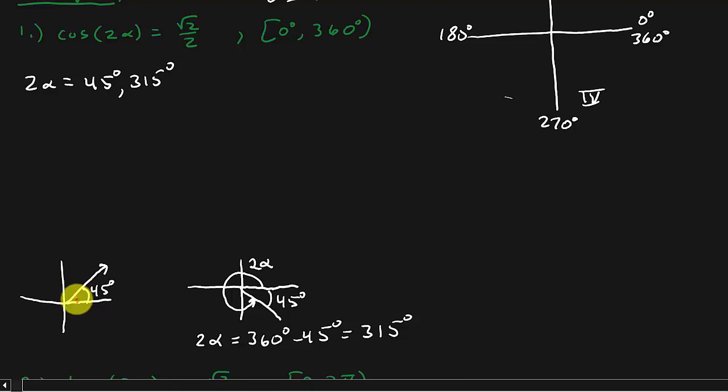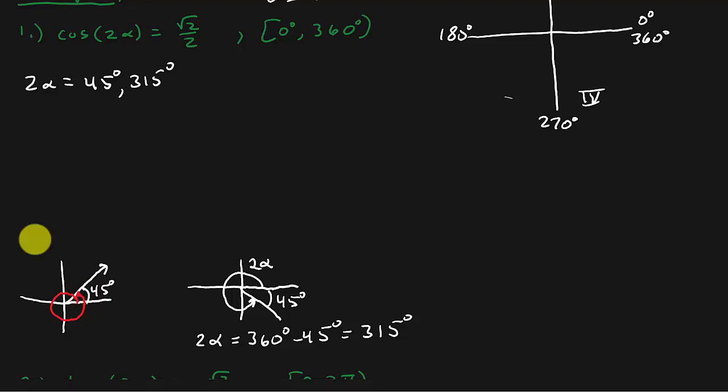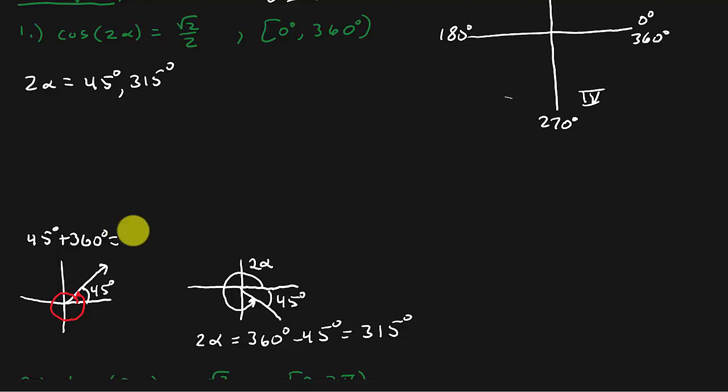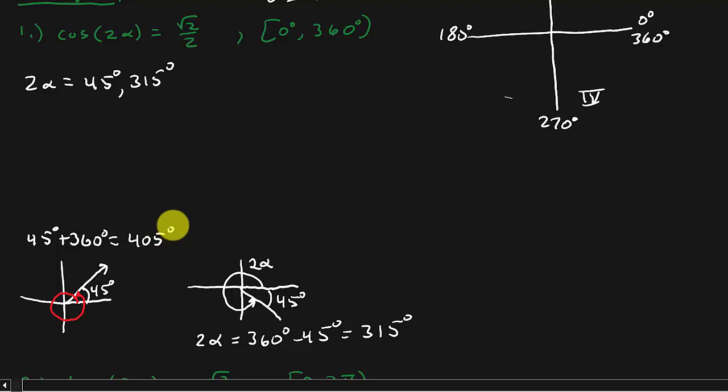I go 45, and then if I add 360 to that, that gets me right back there in the first quadrant. So another solution would be 45 plus 360, which gives me 405. And so 405 would be a solution.